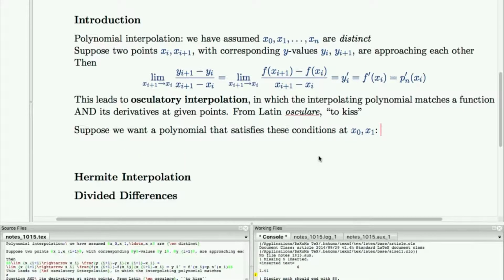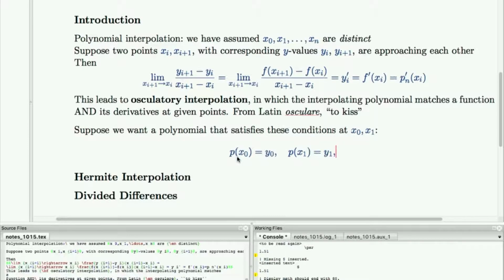So the conditions are, first, we have the same conditions as before, that P of x naught is equal to y naught. So we're given two y values along with two x values. P of x1 is equal to y1. Now, so far, I've not given a degree. Normally I said Pn, but I have no subscript here. That's deliberate. We'll figure out the degree once I've stated all the conditions.